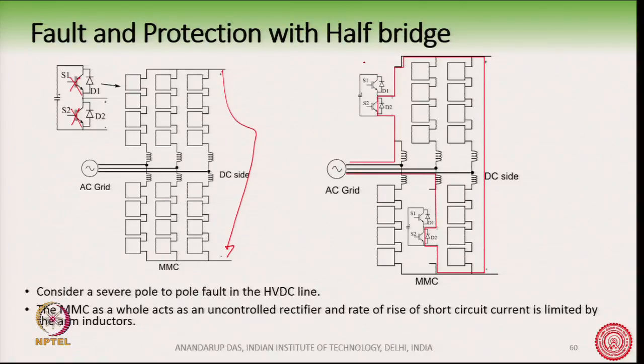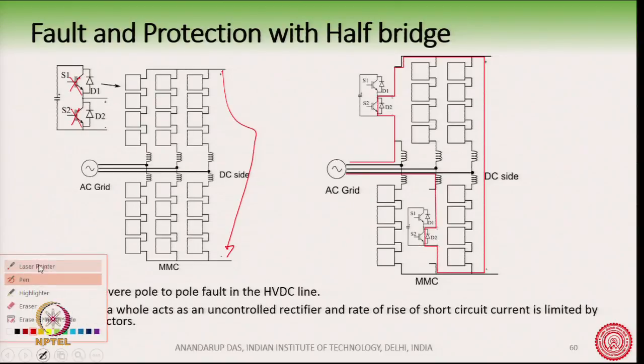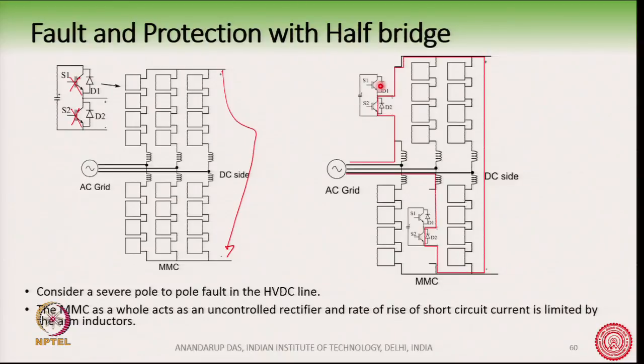So, we are considering the entire arm as if composed of one half bridge. Similarly, in another phase in the lower arm, the whole arm is as if composed of one half bridge, here and here. These are the two equivalent representations of the arm with one half bridge.